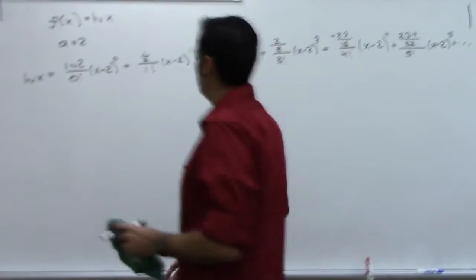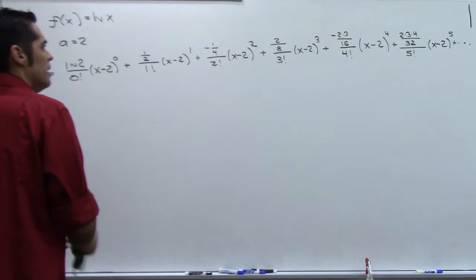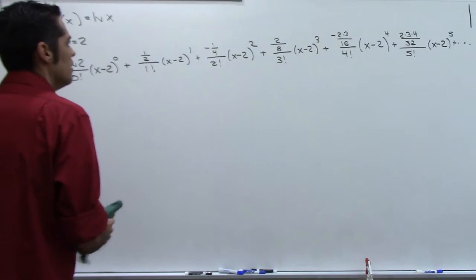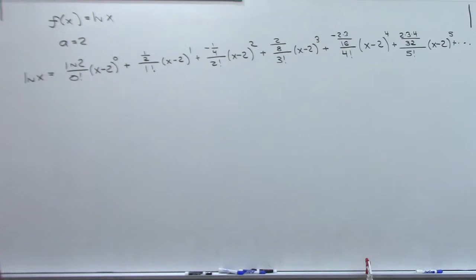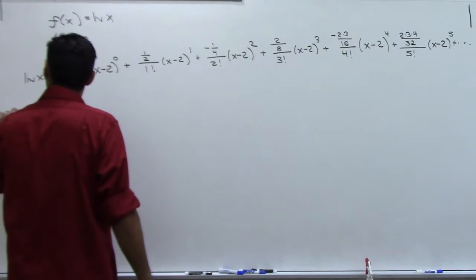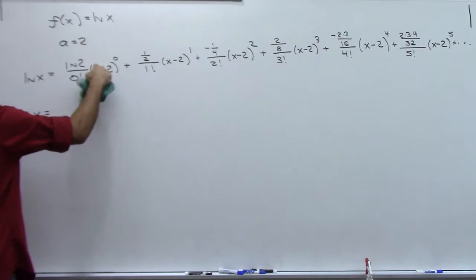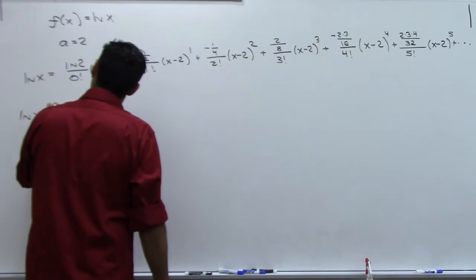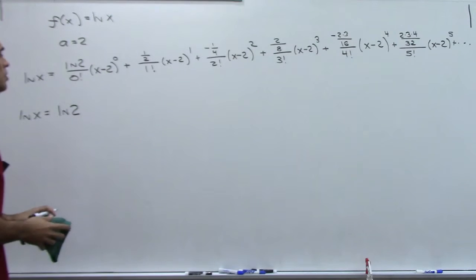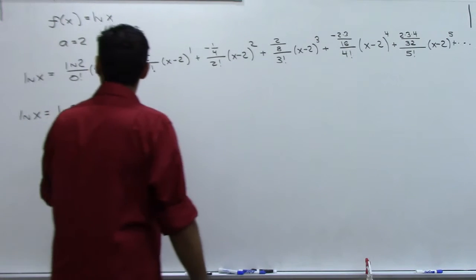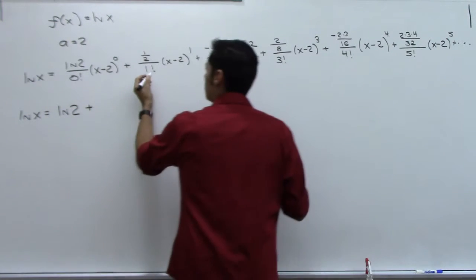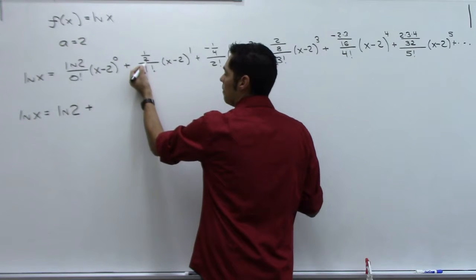And now I'm going to try and maybe clean this up and get a formula for this. So the first one here, this is 1, that's 1, so this is just natural log 2. We said that one didn't follow into the formula too much. And then what I'm going to do here is clean up this fraction.